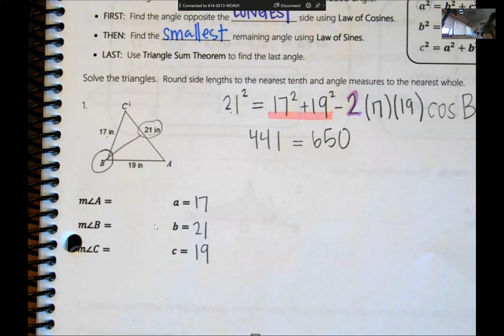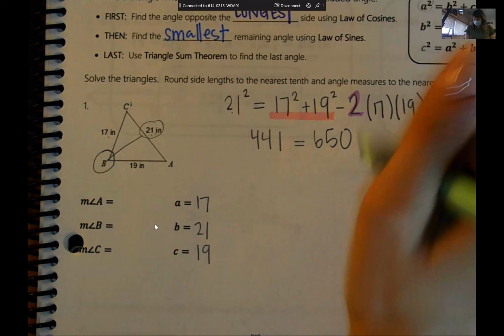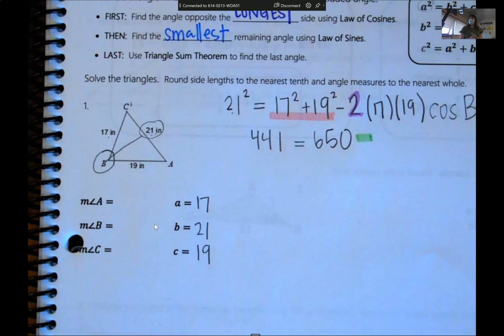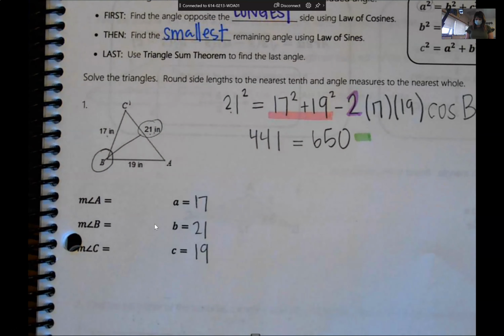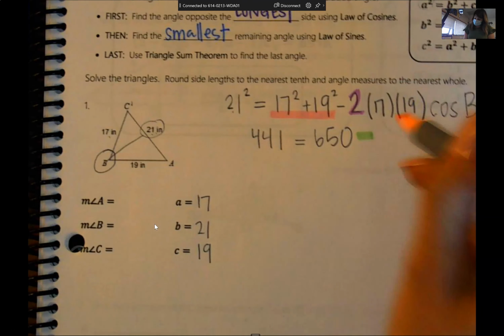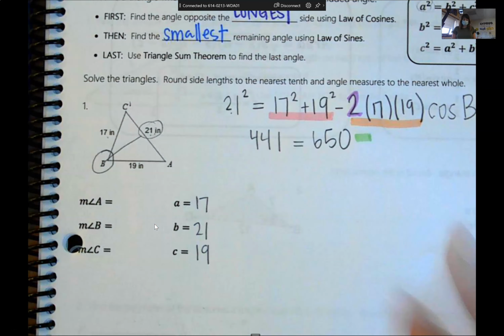Minus, and that minus is always, this part will always be a minus. Okay. Then we want to plug in 2 times 17 times 19.